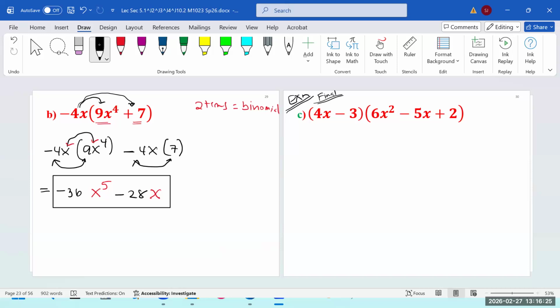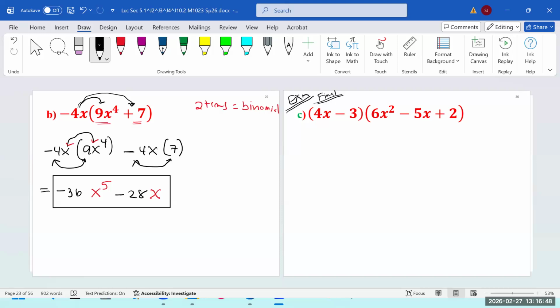So we have 2 terms, we are multiplying 3 terms. Can you guess what's the name for 3 terms? Trinomial, good. So you're multiplying a binomial with a trinomial. You don't have to know their names, but their names are fun, so why not? Monomial, binomial, trinomial. So we do the same thing.